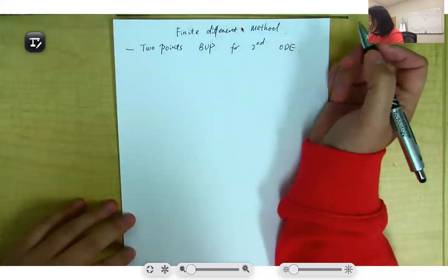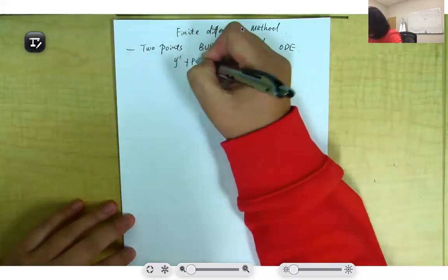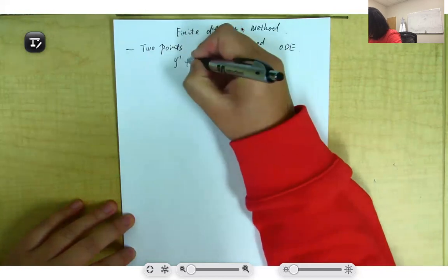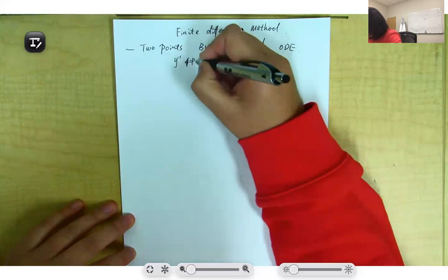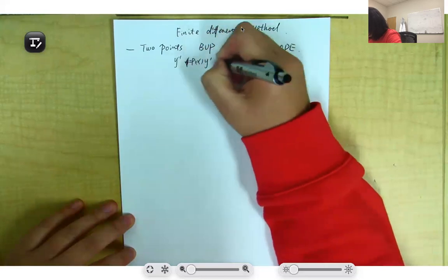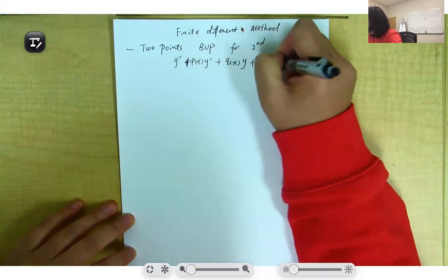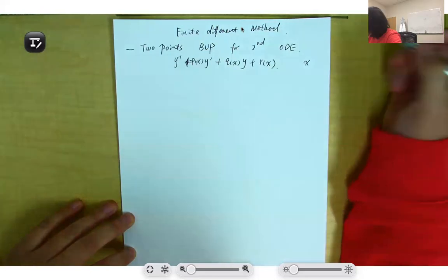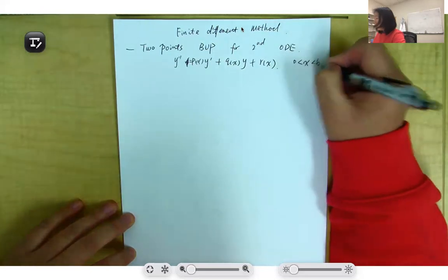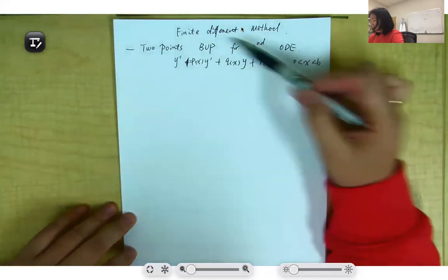The second order ODE we can write as y double prime equals p(x) y prime plus q(x) y plus the forcing function r(x), where x is in the range between a and b. This is the second order ODE.